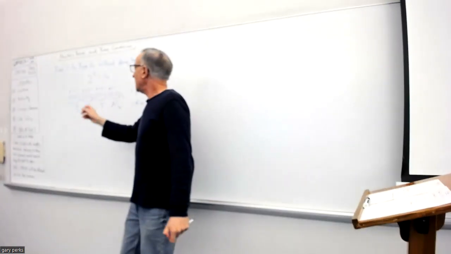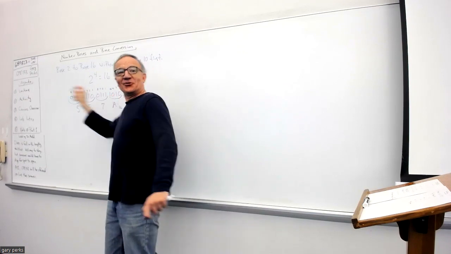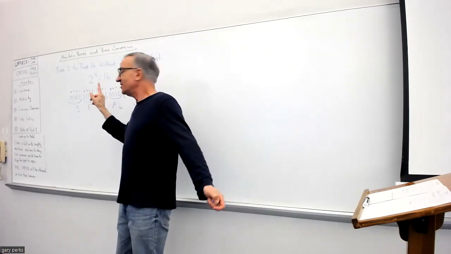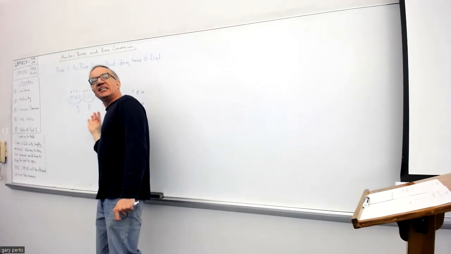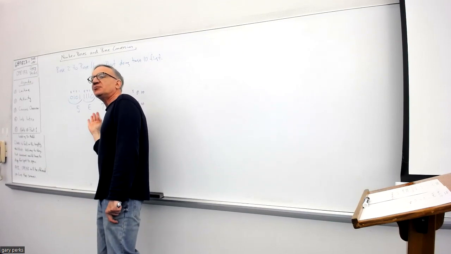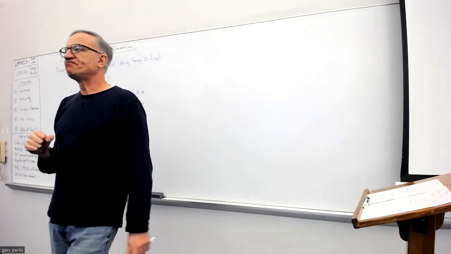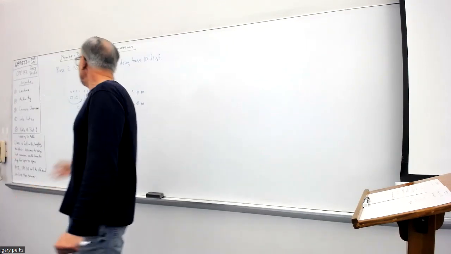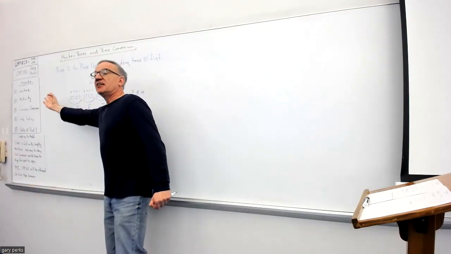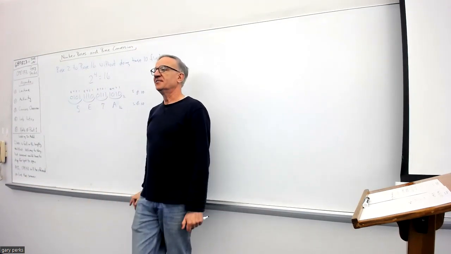What would you rather say? A 32-bit number, 32 zeros and ones? Or fewer hex characters? In fact, how many hex characters do you need to represent a 32-bit binary number? 8.